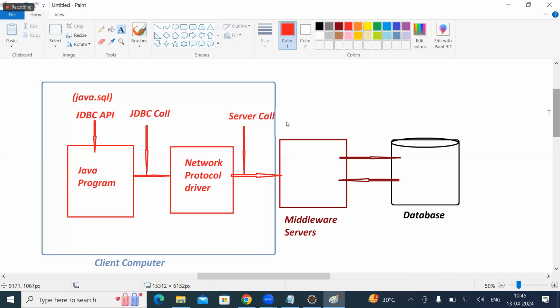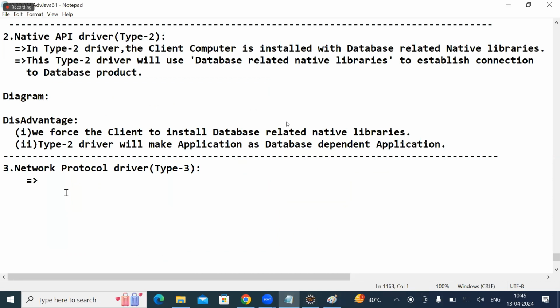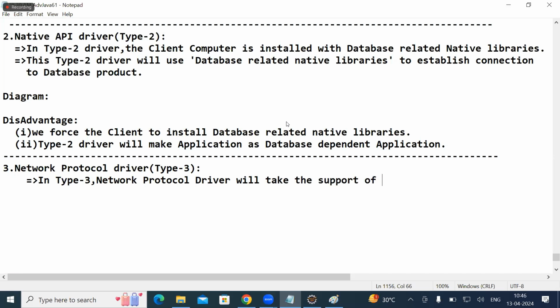Make a statement: in Type 3, the network protocol driver will take the support of middleware servers to interact with the database product.